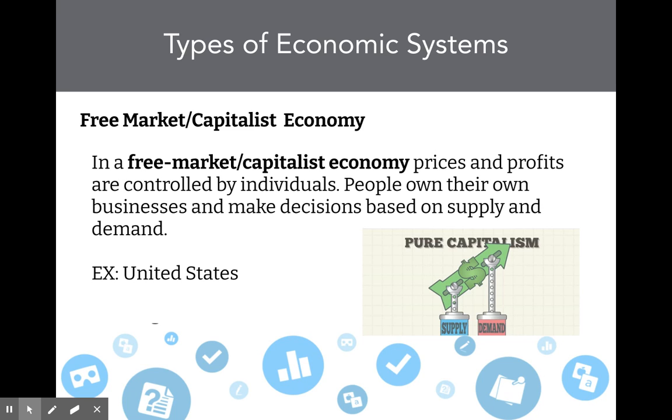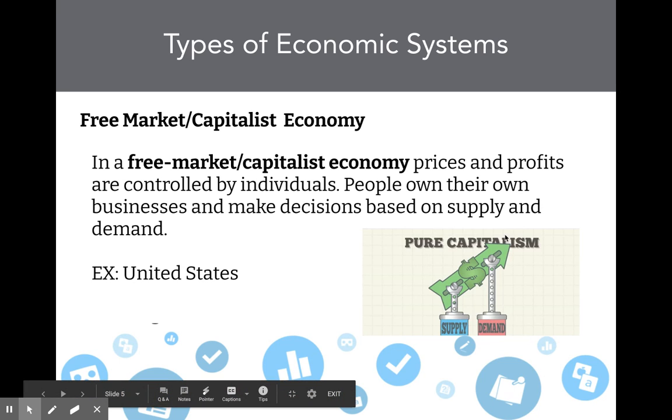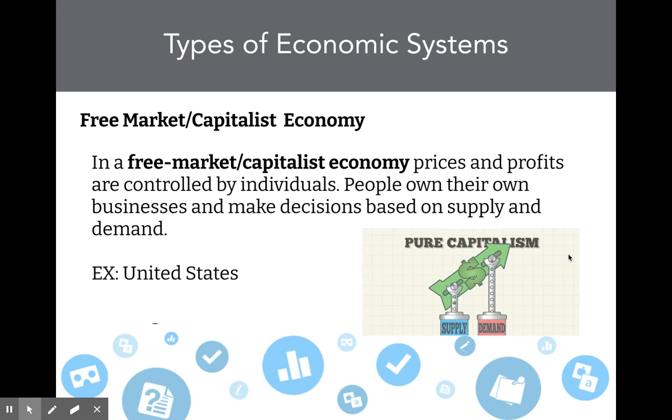And your economic decisions, like how much to make and what you're going to charge, are based on supply and demand. How much you make is based on how many people want your product. So if there's high demand, that means you can charge more for your products.